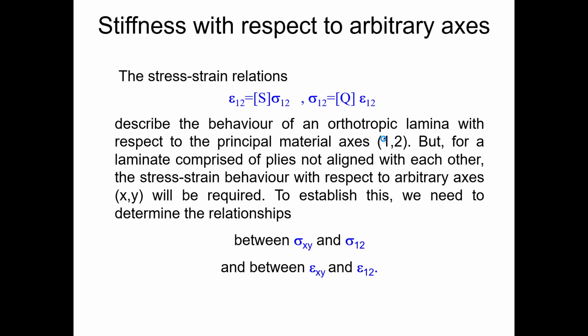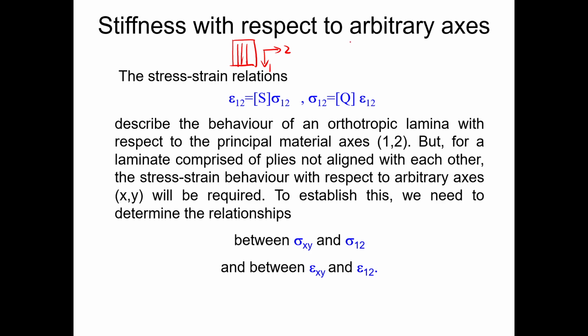Now let's look at if the stiffness changes, if you have a layer where the fiber is not aligned with your original principal directions. Originally we assume 1, 2 is the material axis: the fiber direction is 1, the transverse of fiber is 2.